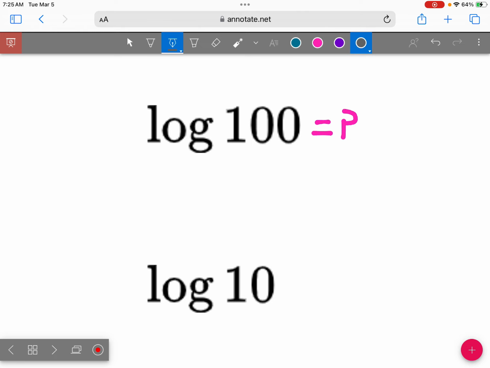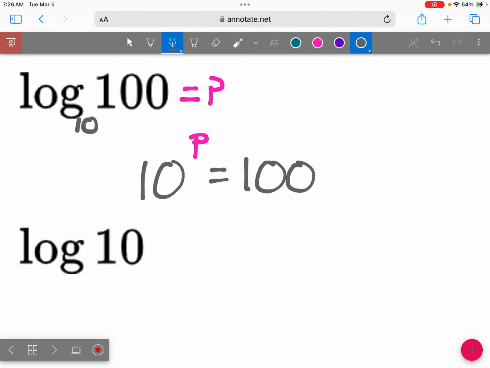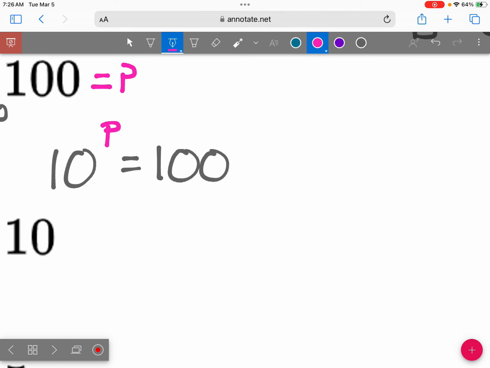But this just says log of 100. Remember, this is log base 10 because it's a common log. So we want to know that 10 to the what equals 100. Well, 10 to the what does equal 100? What's P going to have to be? 2.